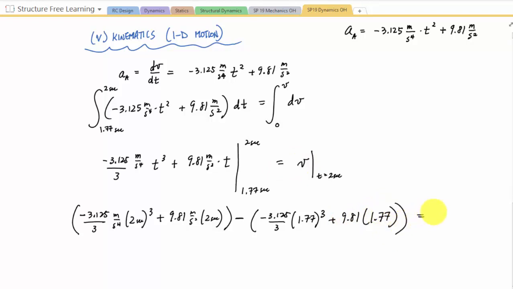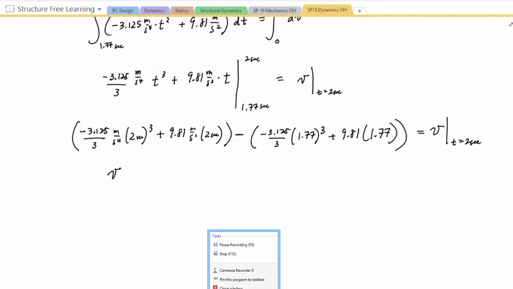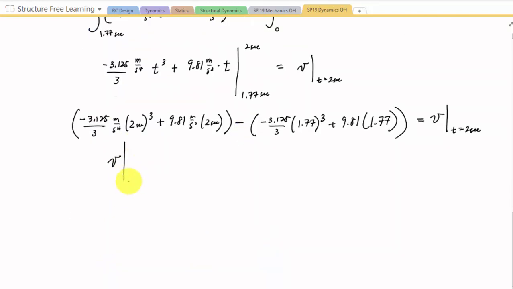This will be my velocity at t equals 2 seconds. What did you get? I got negative 0.301.